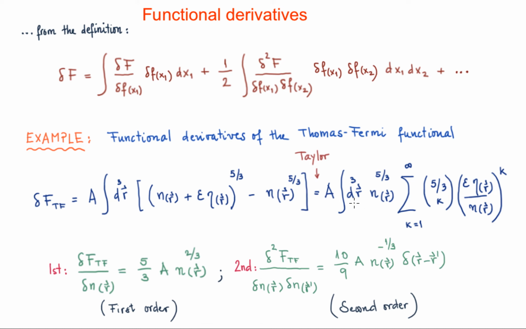So now we know what a functional is, we know the definitions of the functional derivatives, and we know a way to calculate them. Even though this is not such a straightforward method, so we are looking for a more straightforward method to calculate these functional derivatives.